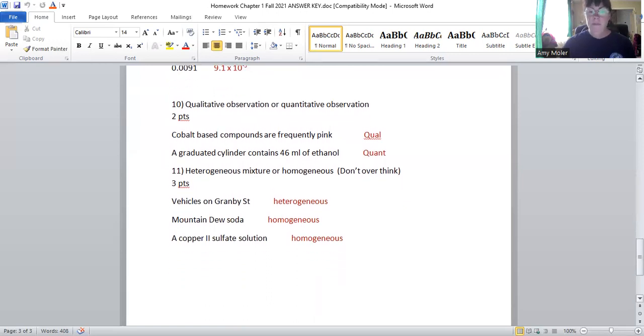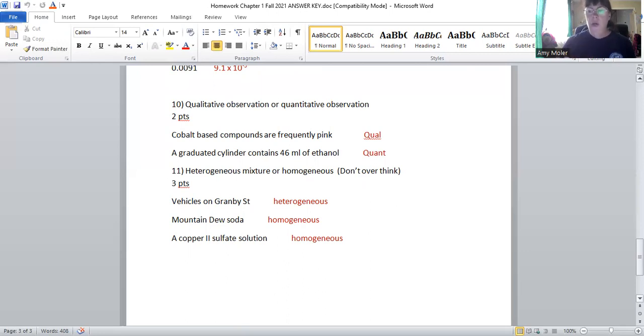And then last bit, if you were walking down the street on the way to class. So usually there's a mix of cars and the occasional pickup truck and sometimes the occasional motorcycle. Definitely heterogeneous. They're not all the same thing. Homogeneous, okay. Presuming that you haven't let it sit around and go flat kind of thing.